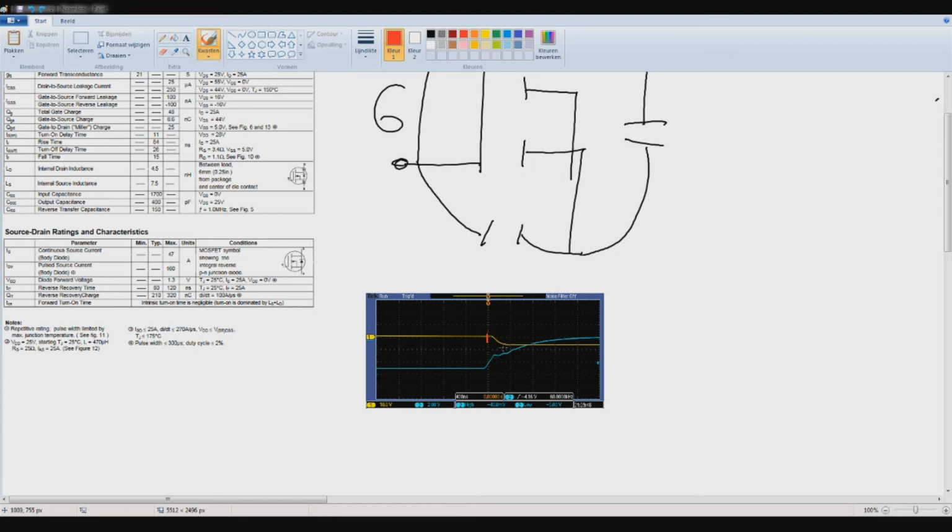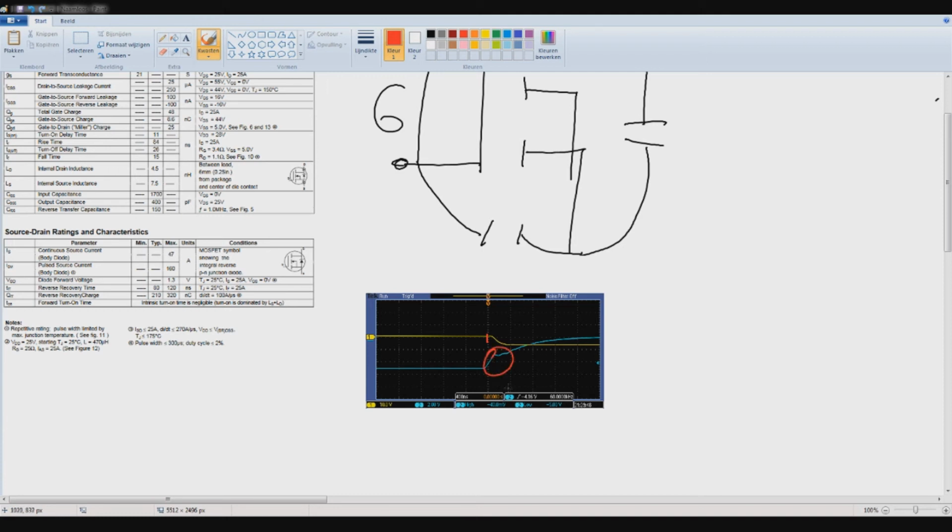For example, this is, I think, the drain to source, and this is the gate, and here we have complete turn on.